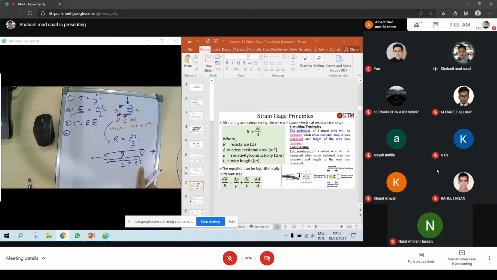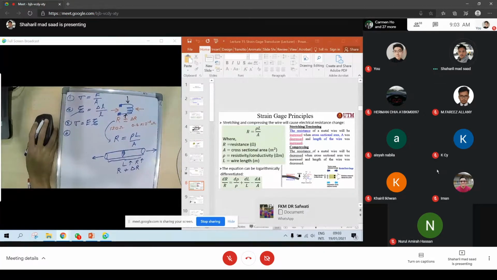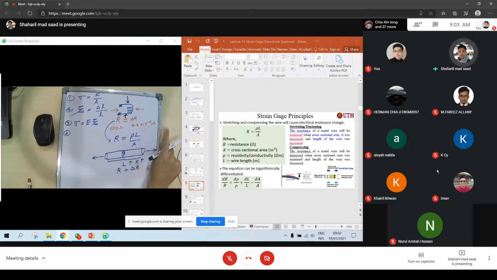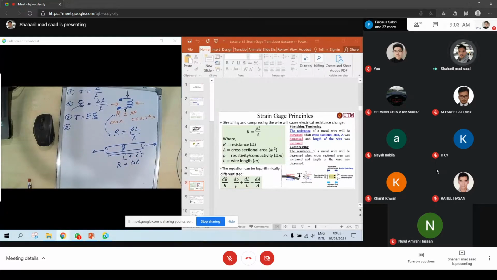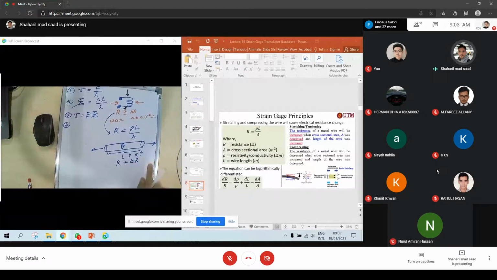That means the initial value of the resistance, you will add delta R, for example 120 ohm plus 0.6 times 10 to the power of minus 5. So R will increase.